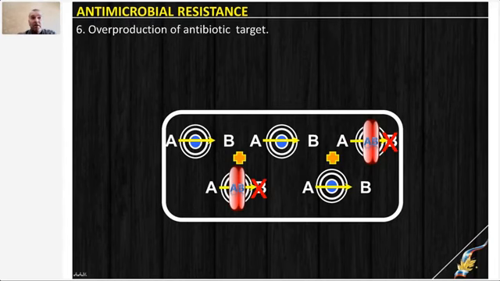And the last mechanism we will describe today is overproduction of the target enzyme or antimicrobial target.